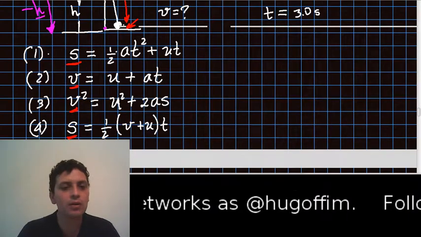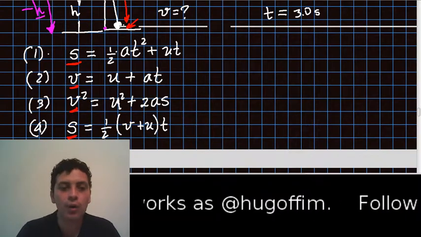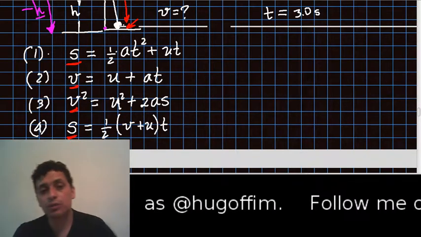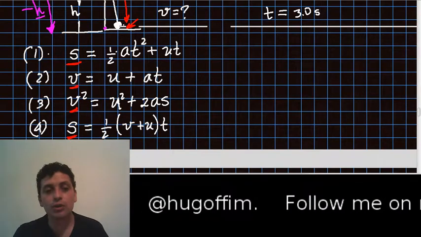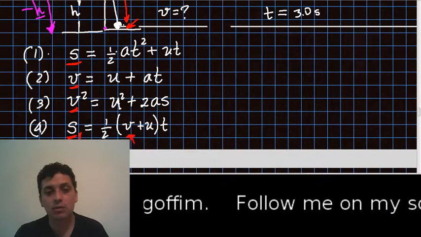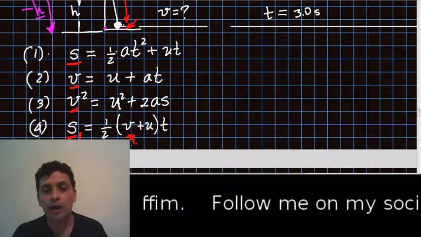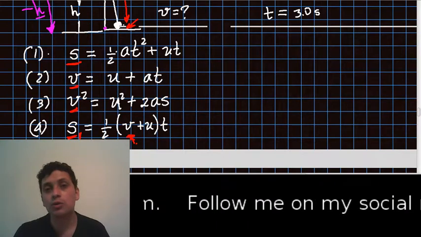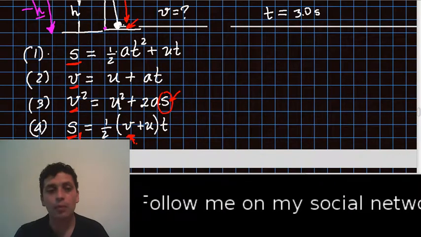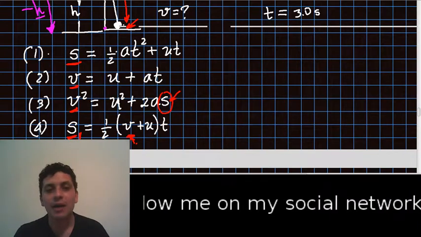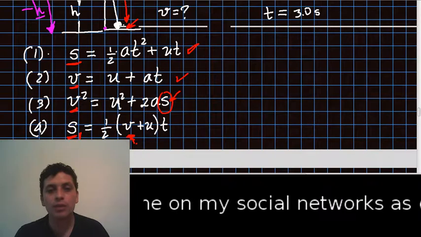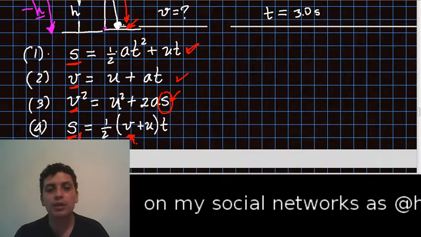Now go and check what will be the best equation you can use in order to solve the situation. For example, I'm not going to use equation 4 because I have this that is unknown and this that is unknown. I cannot use equation 3 for the same reason. I have 2 unknowns, so I wouldn't be able to do it. However, I have the information for equation 2 and for equation 1. So I can use equations 1 and 2 to find the answer.